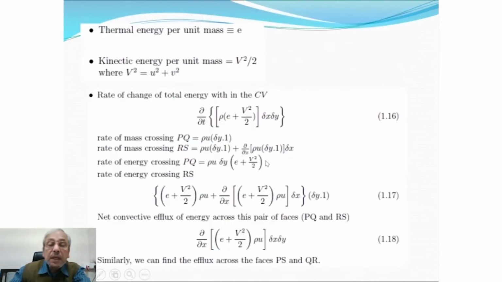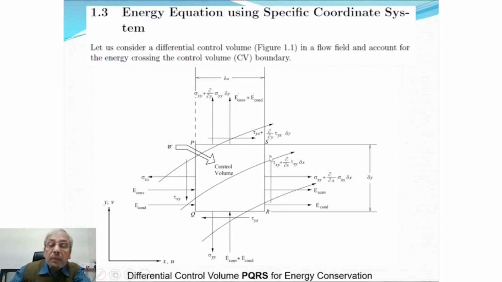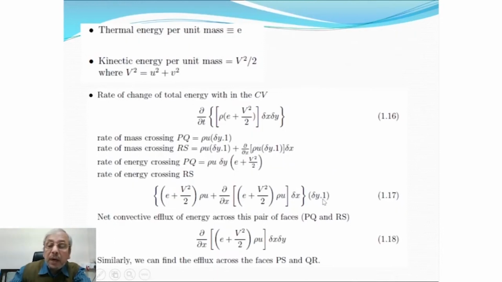Similarly, rate of energy crossing PQ will be this mass into the total energy, that is e plus V square by 2, and rate of energy crossing RS will be e plus V square by 2 into rho u plus del x of this total energy into dx, multiplied by delta y into 1.